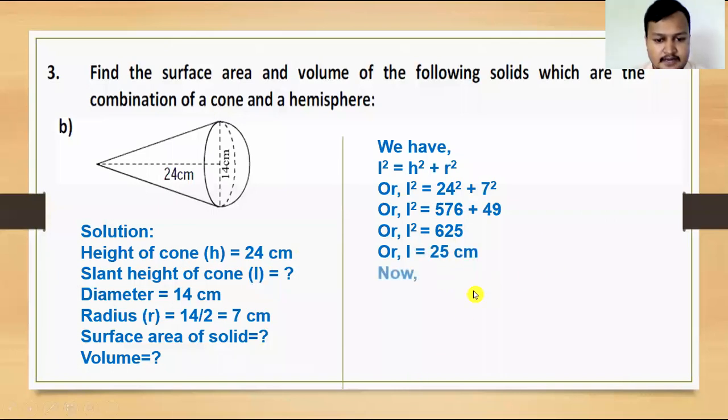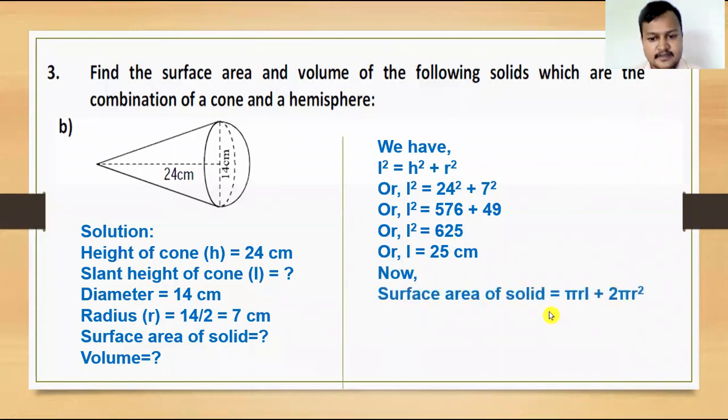After getting the value of L, we can calculate the surface area of this solid, that is curved surface area of cone, first one pi r L, and curved surface area of hemisphere, that is 2 pi r square. This formula is clear. Surface area of this solid means curved surface area of cone plus curved surface area of hemisphere. Is anything common from these two? Pi r.